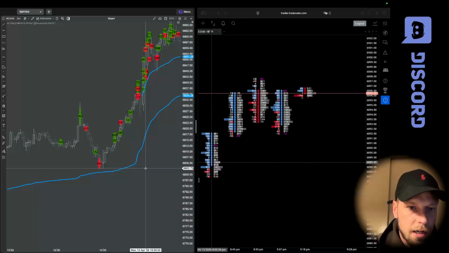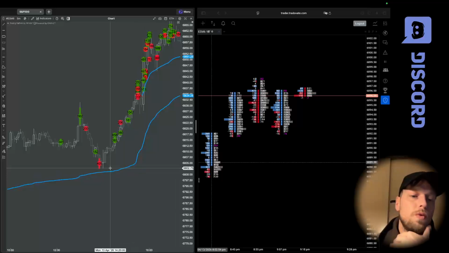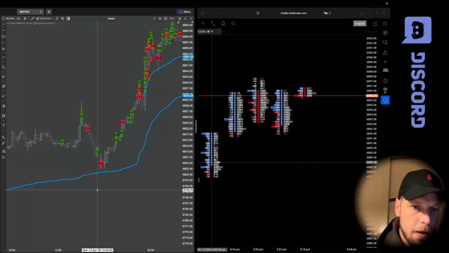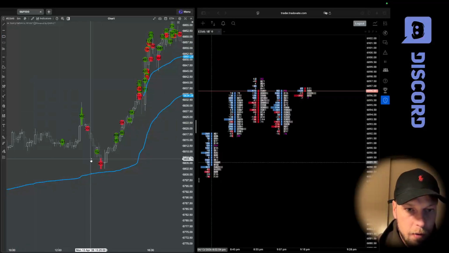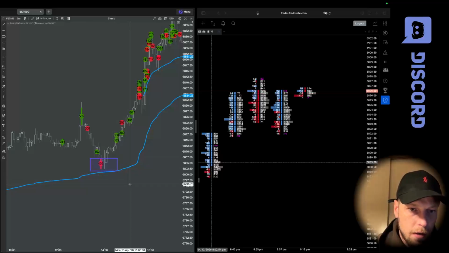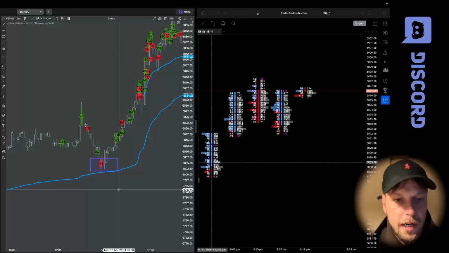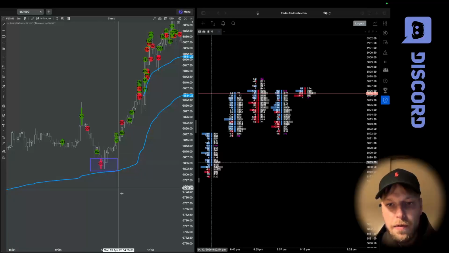Then we get a little more. I think it's noisy, but now we do have some confirmation, right? Because we go to the daily VWAP, and what do we have here? We have a very nice 409 sellers. This is not separated, so this is not at one price level, right?